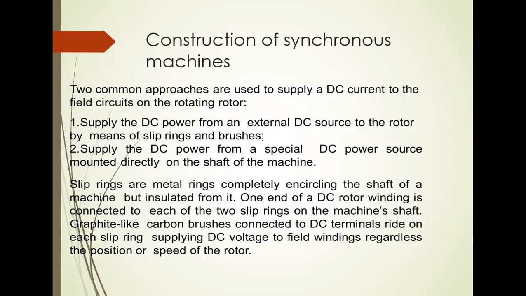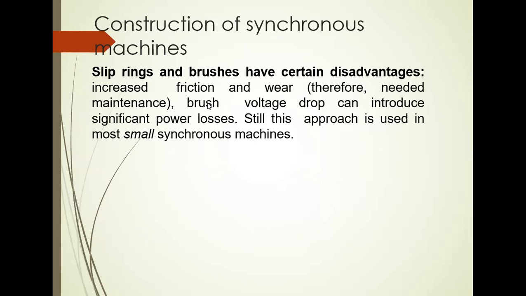In smaller or medium range machines, we can use a brushless excitation. For large machines, and also for frequently operated machines, we need a DC excitation system. Slip rings are made of some material, with carbon brushes, graphite, like that.